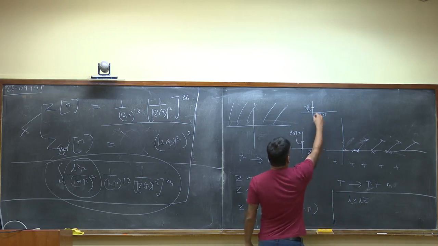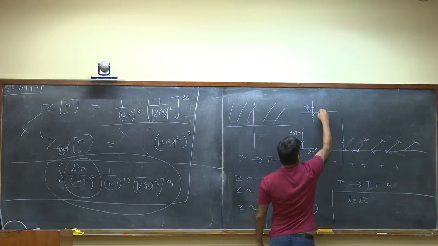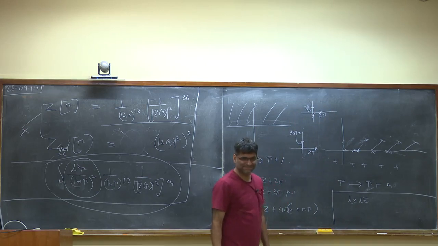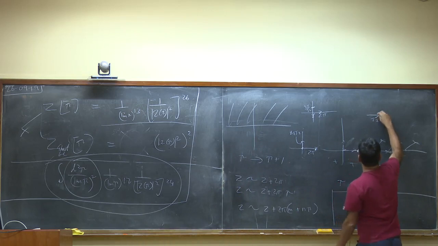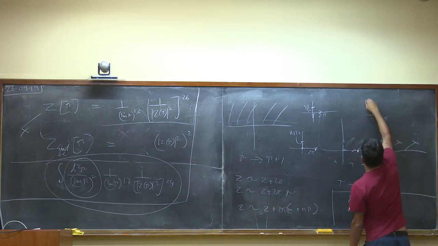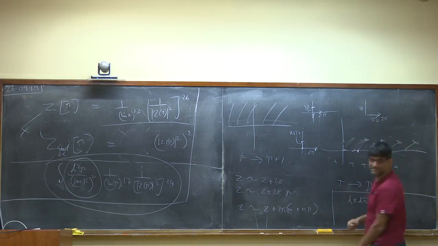But now, let me imagine that this is my x-axis and this is my y-axis. So now what do I have? I've got the identification where this guy is tau 2 times 2 pi, and this guy is 2 pi.